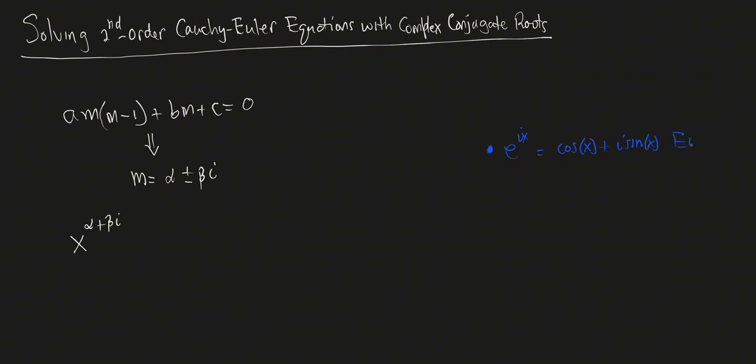And you might remember that this is Euler's result. So this is what led us to the fundamental set in the third case when we have the complex conjugate roots when we were looking at the constant coefficient homogeneous equations, right? Well, since we have complex conjugate roots here, we should probably think about using this result again.